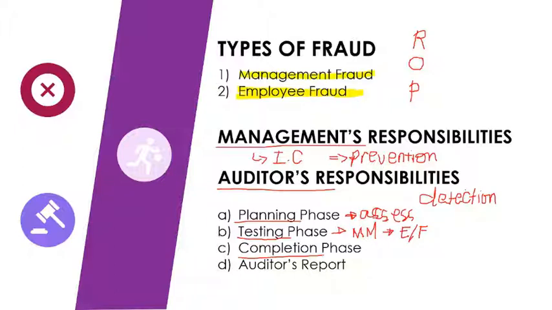Basically, in your completion phase there should be proper disclosure and communication whenever fraudulent activities are found or suspected in the client or organization. It should all be in writing and well communicated to your client: what the responsibilities are, who is responsible for this and for that. Those are the written representations.